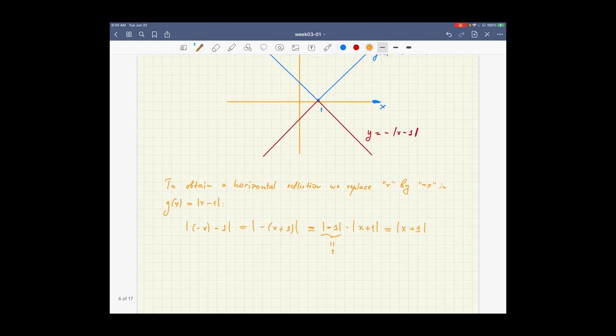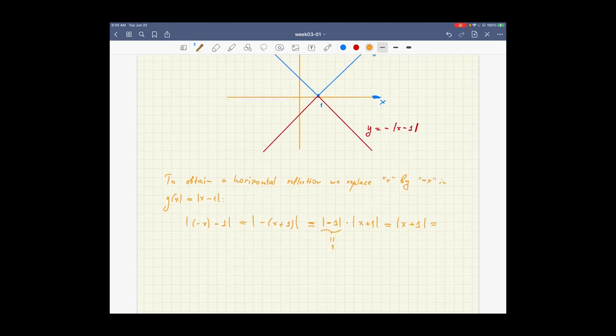And we again can recognize that this is simply x minus negative 1, which is the graph of absolute value of x shifted by 1 unit to the left this time. The h here is negative. Whenever h is negative in a horizontal shift, we shift to the left.